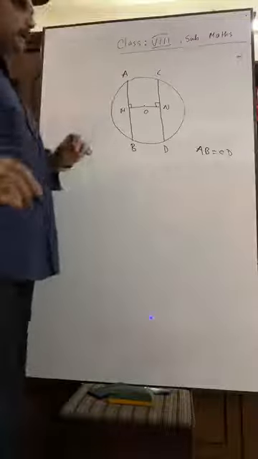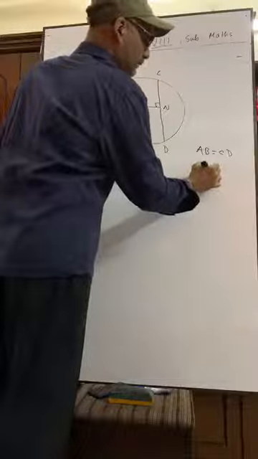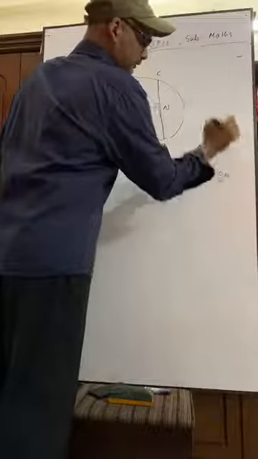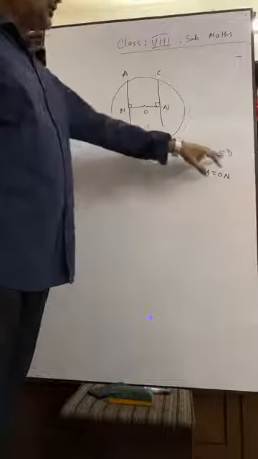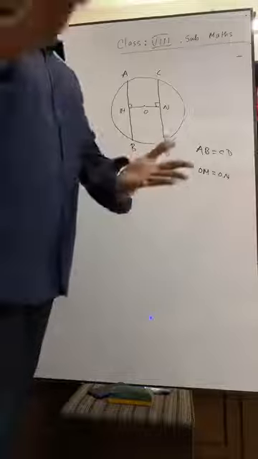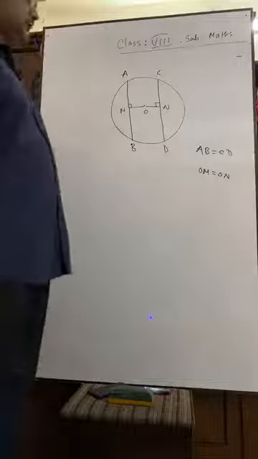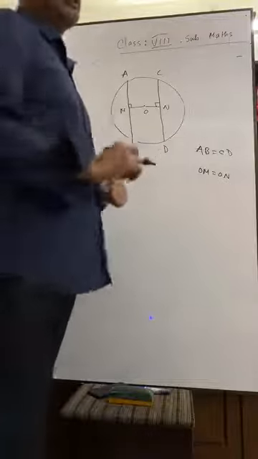There we proved that OM equals ON. That means equal chords are equidistant from the center, and vice versa: the chords which are equidistant from the center are also equal.